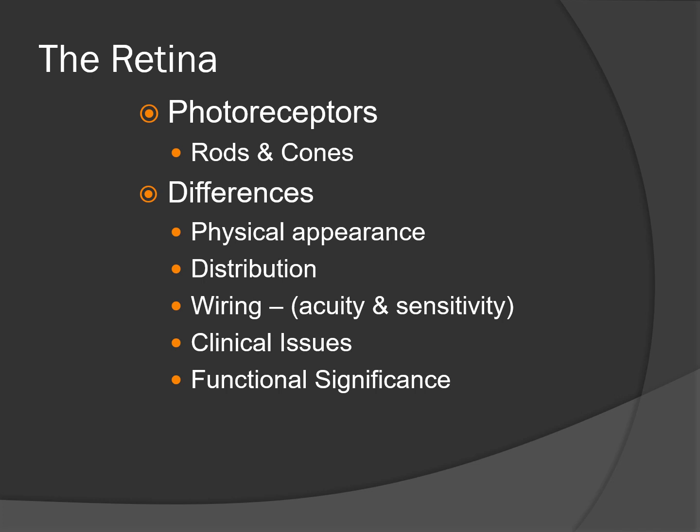There's a trade-off there. And then we'll look at some clinical issues, and between the wiring and the clinical issues, the functional significance is going to fall out in a way that makes sense. You're going to say, okay, this makes sense compared to what we've talked about and what we've seen with those clinical issues and with the wiring.